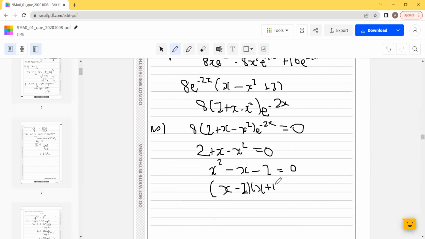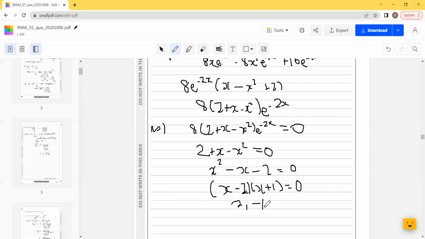Okay, so the x coordinates of the turning points are 2 and minus 1. Now what we have to do is simply substitute these values back into y equals f of x to get the y coordinates. That's it. So we can do this now.